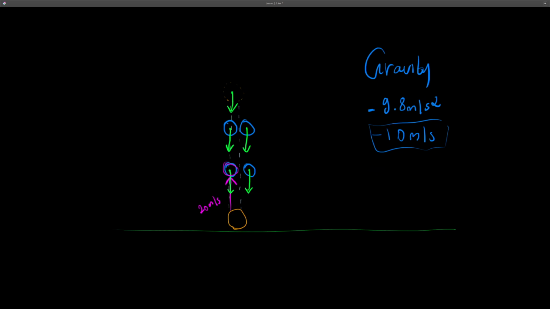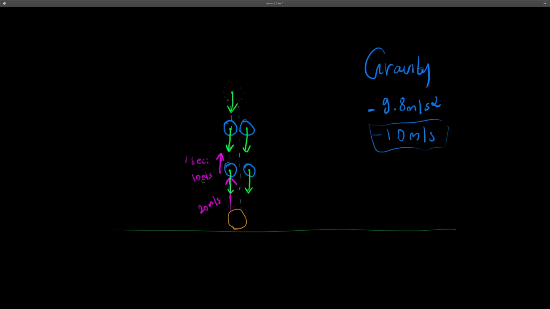So what if we ask what is the velocity at this point right here, then we could say that after 1 second, the speed of the ball is going to be having a vector of 10 meters per second upwards. Why is it 10? Because it was reduced, because gravity reduced the speed of this object by 10. And at the second of this ball traveling, it was reduced again, because there's always gravity pulling it down. So it's going to be reduced by another 10. So minus 10, it's going to be 0.